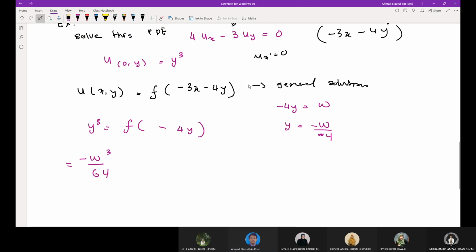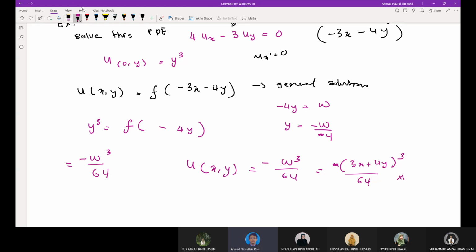So the answer will be uxy is equal to minus over 3 over 64, which is minus w is minus we lost will be 3x plus 4y power of 3 over 64.